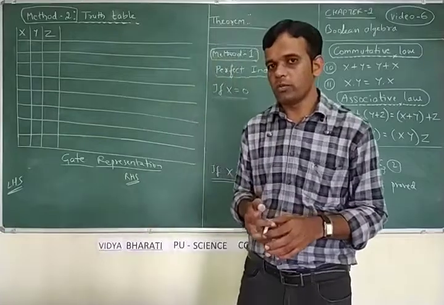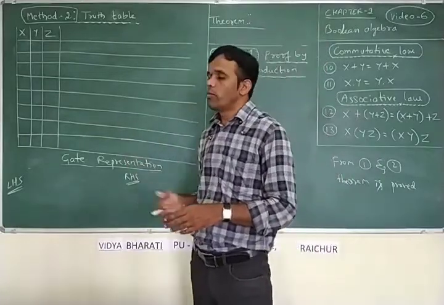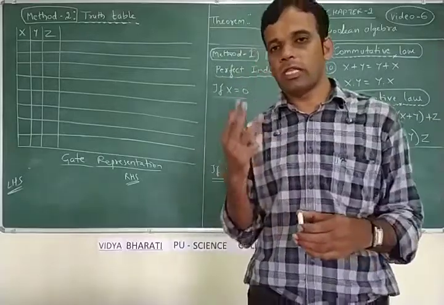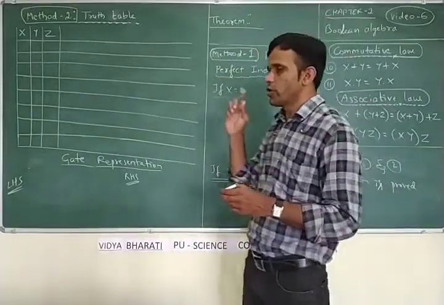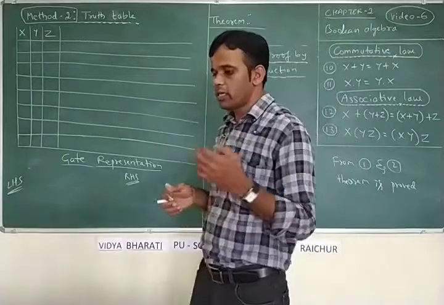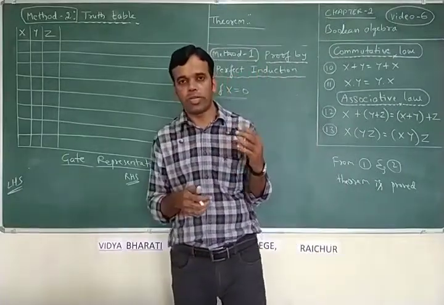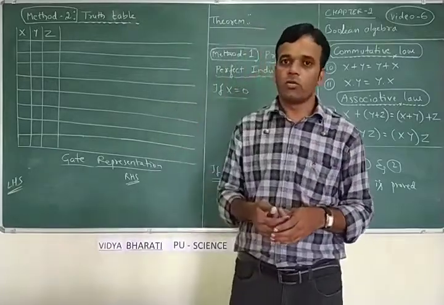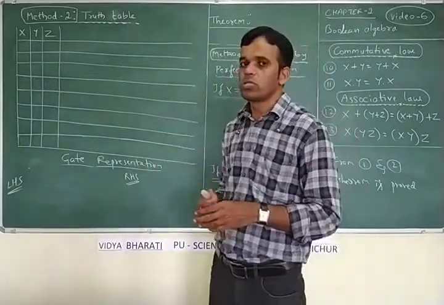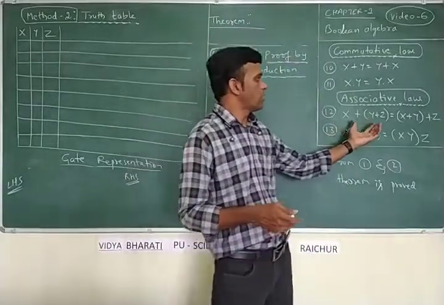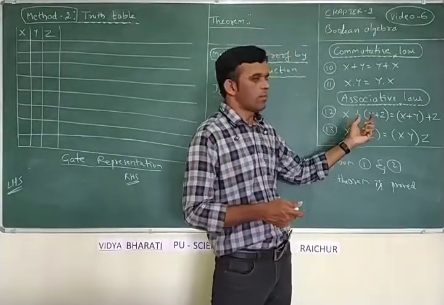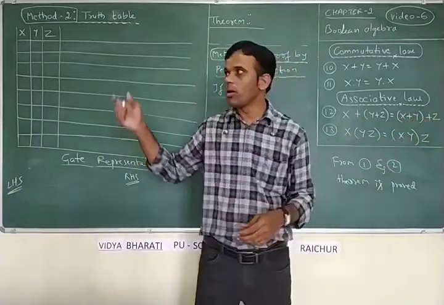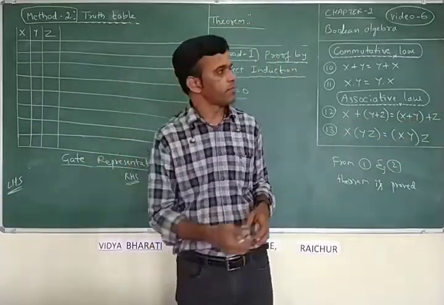But when it comes to truth table, now we have to show all the 8 possible cases because there are 3 variables. So 2 to the power 3, 8 different possible combinations of zeros and ones we are going to get. So for all the cases we have to check whether this LHS column is identical with this RHS column in the truth table.